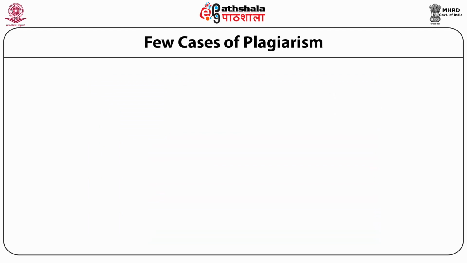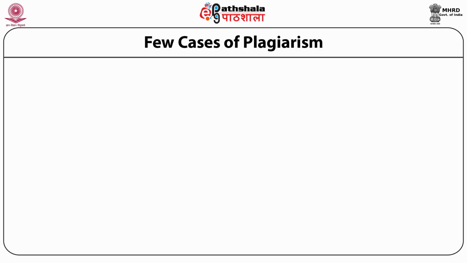Few cases of plagiarism. There are so many names of eminent personalities who were involved in plagiarism, though they have not directly indulged in it; maybe because they relied on their research scholars or co-workers, they were duped into these cases.